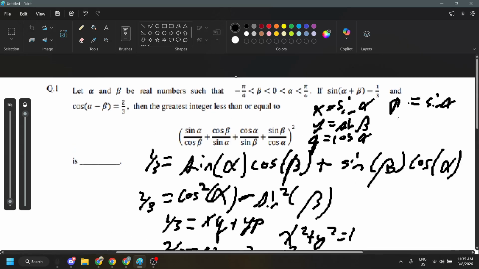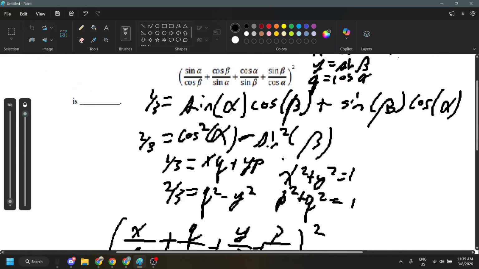I'm trying to think if there's any better way to do this. We have four unknowns and four equations, but is that enough to solve?